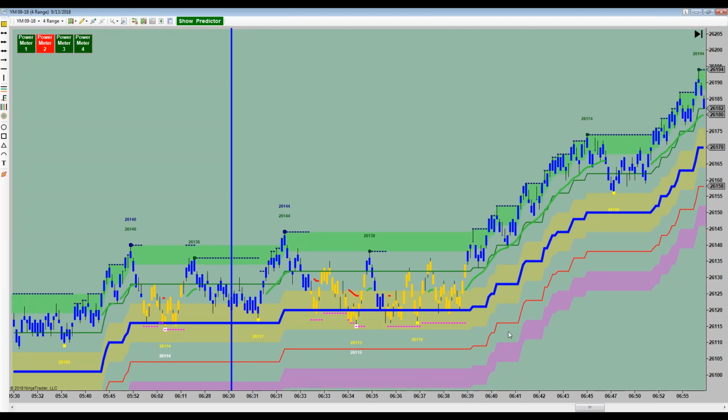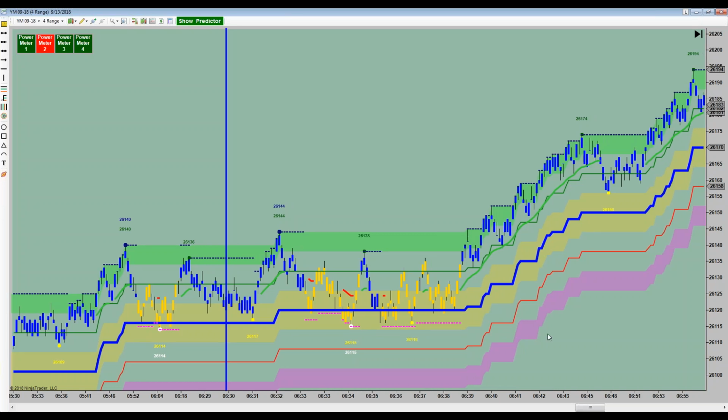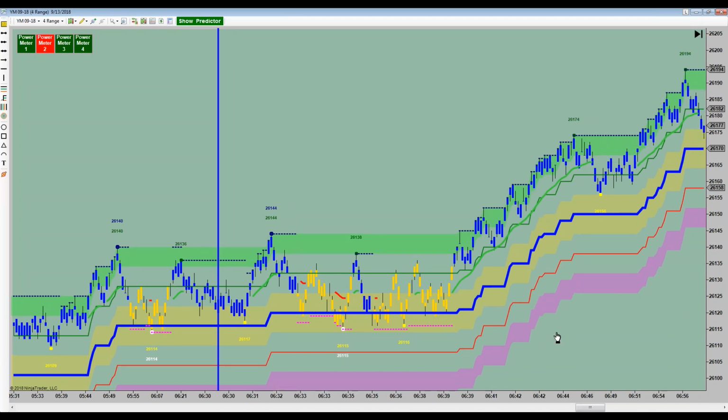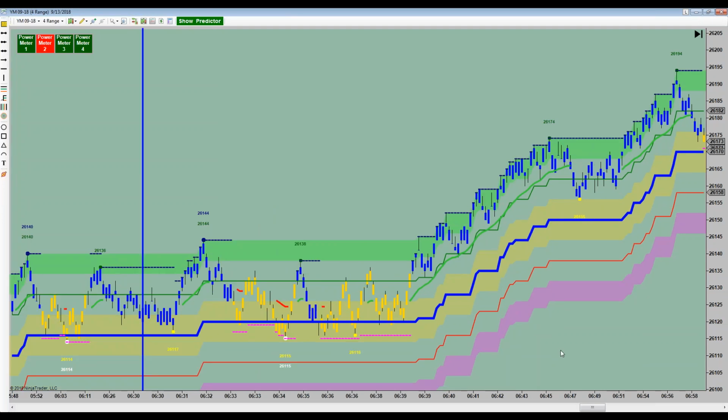The market's heading up. 6:55, almost at 7. Get the bars even bigger. It helps to see when the bars are big. 6:58, 2 minutes from 7 a.m. Pacific.